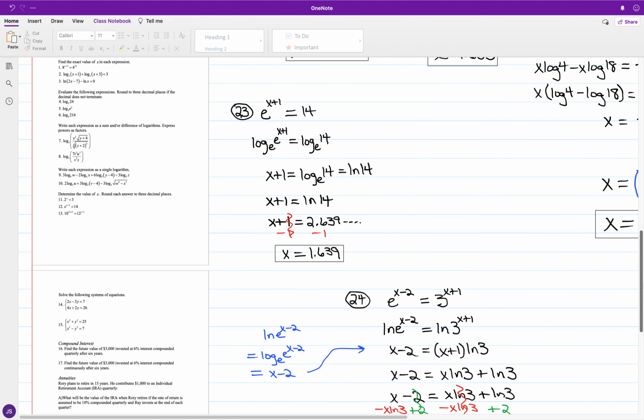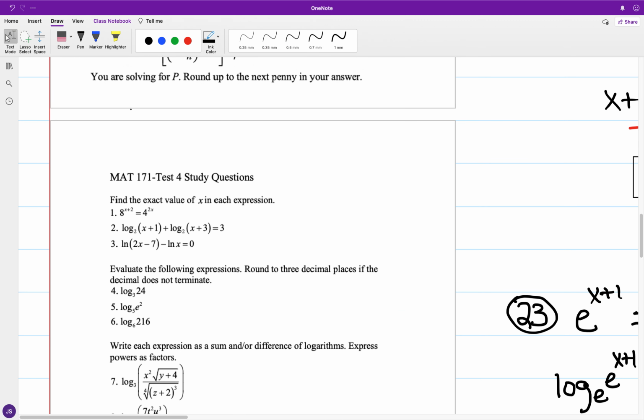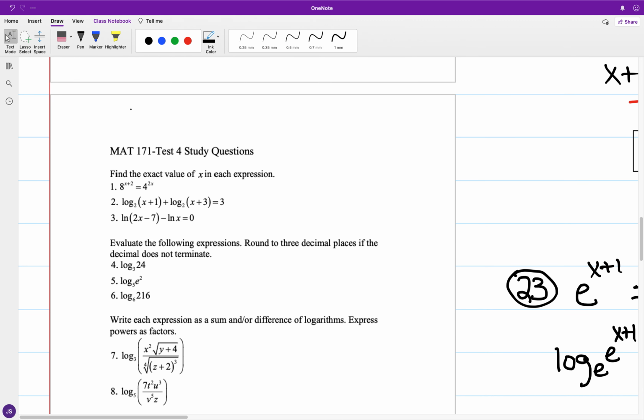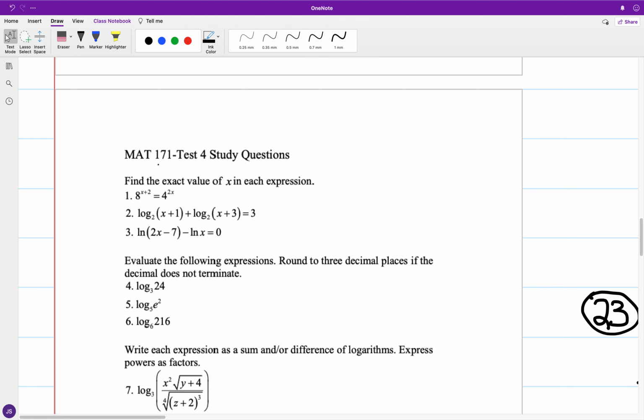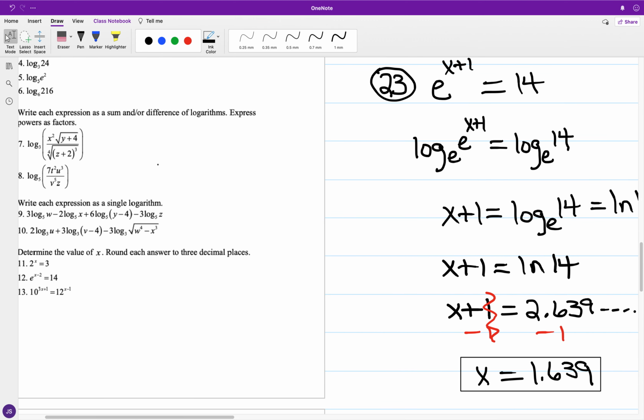All right, now in the crossover to what we have with the test for study questions, I say just from the first group to look into the first item. So we're going back to an exponential equation that shares a common base. And here we have 8 to the x plus 2 is equal to 4 raised to the 2x.